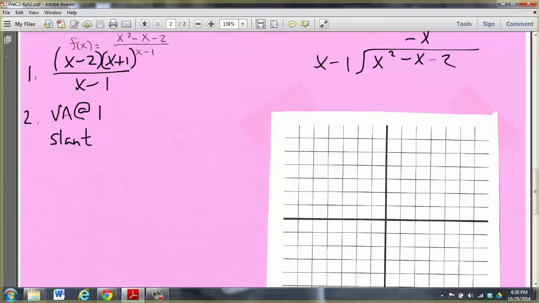We multiply by x to get x squared minus x, and then you have a -2 down there, and x cannot multiply by anything to get into 2. So our slant asymptote is just x.